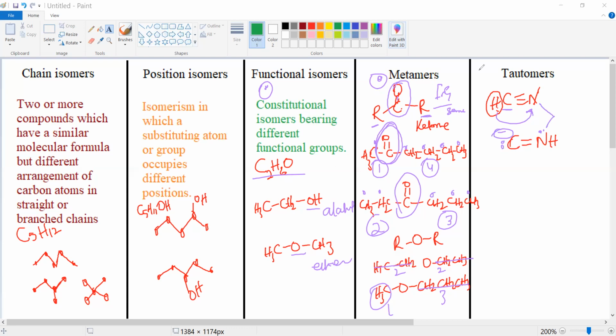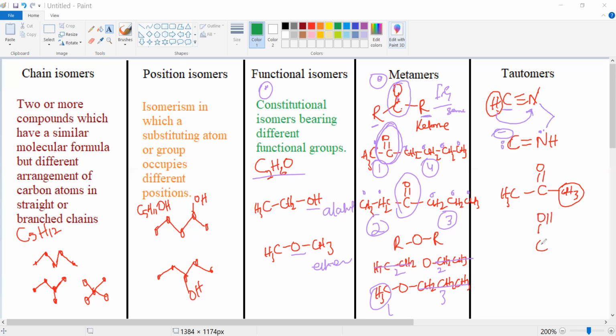Let us take one more example so that you can understand. Here we have a ketone again, CH3, CO, CH3. Now from this CH3, if I take one hydrogen and shift it to the oxygen, how would it look?